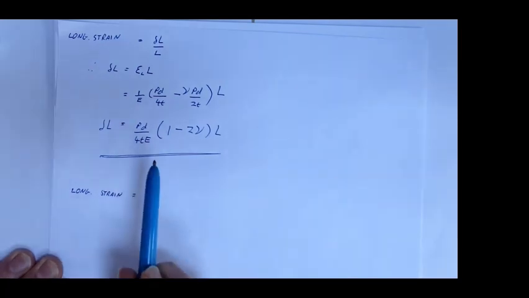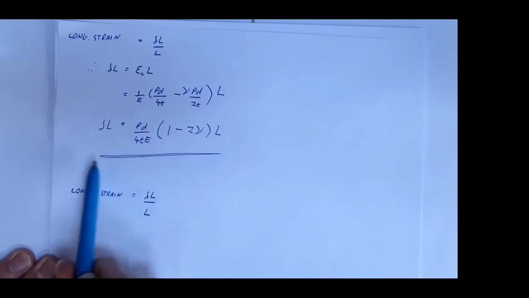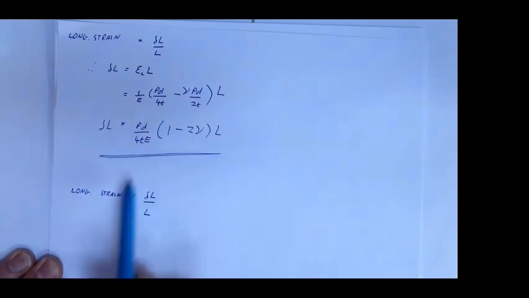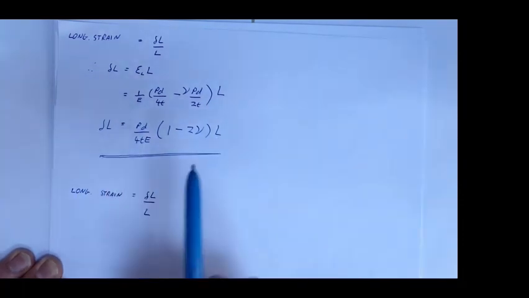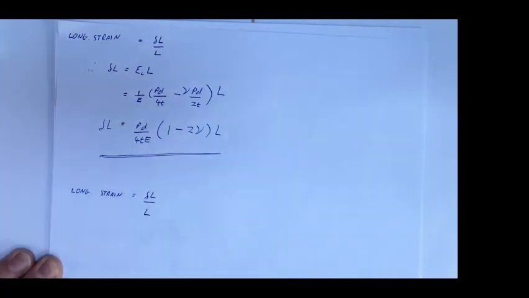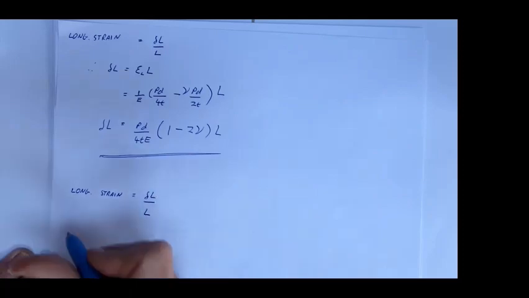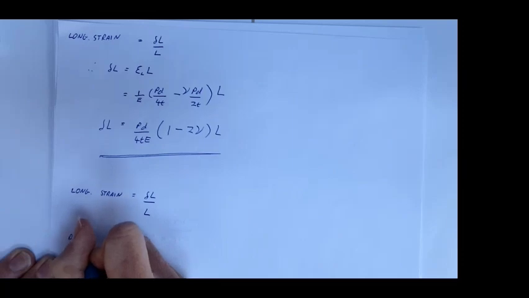In order to calculate the volume change, due to the fact that this cylinder is pressurized, not only do we need the longitudinal strain, or the change in length of the cylinder, we also need to understand the change in diameter. And once we've got those two dimensions, we can think about calculating the change in volume of the cylinder. So longitudinal strain is change in length over original length. Let's now introduce diametral strain.